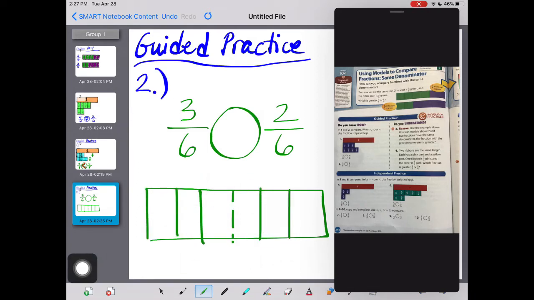That's pretty cool. So if I have 3/6 compared to 2/6, is 3/6 greater than, equal to, or less than 2/6? Well, if I have 3 parts compared to 2 parts, I would say the 3 parts is greater than the 2 parts, right?